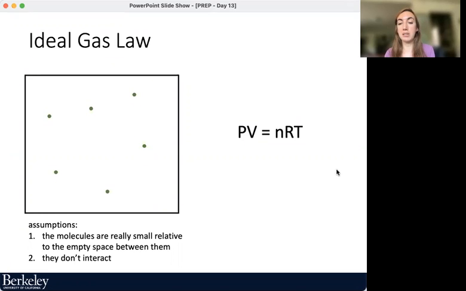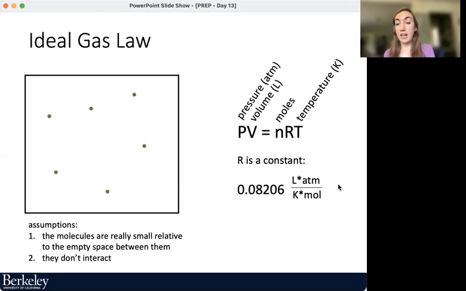So PV equals nRT means that the pressure in units of atmospheres, so at sea level on Earth, the pressure is 1 atmosphere, times the volume in liters equals the number of moles of gas times this constant R that I'll get to in a second, times the temperature in units of Kelvin.